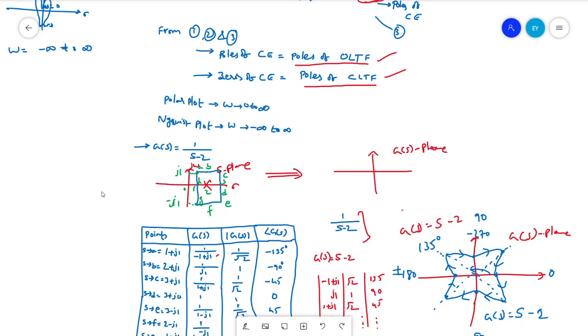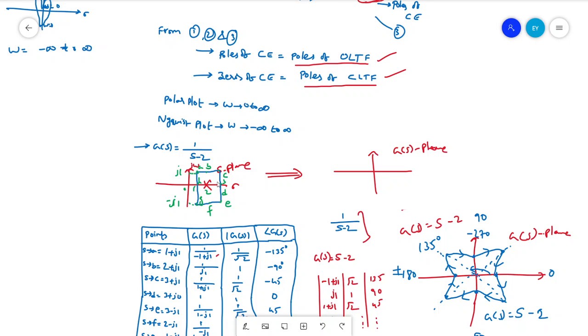It is actually a mapping what we do. We know what is s plane. If you have any transfer function to represent in a s plane, we know how to represent it in a s plane. And if you draw a contour, it is nothing but a locus around that pole or 0, okay? And whatever we are extending that contour in some other plane, that plane might be called as a g of s plane or 1 plus g of s, whatever the plane is, some x plane, right?